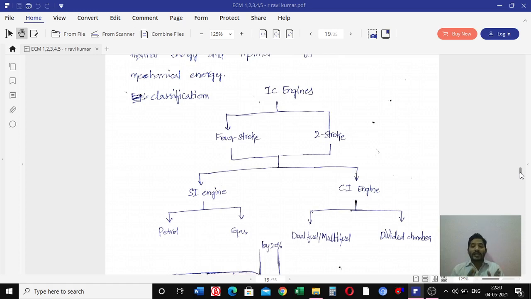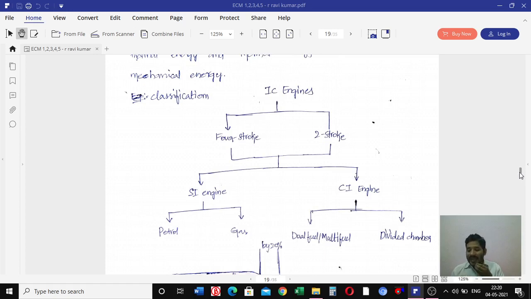As well as this, the 4-stroke engine and the 2-stroke engine are each broadly classified into two types. The first one is the SI engine, which is nothing but the spark ignition engine. This SI engine is suitable for petrol engines as well as gas engines, is it right?